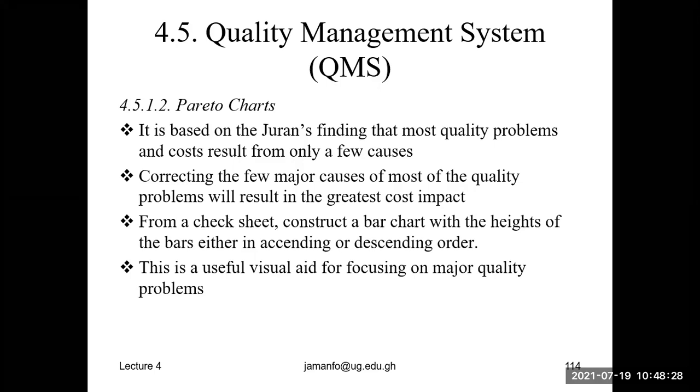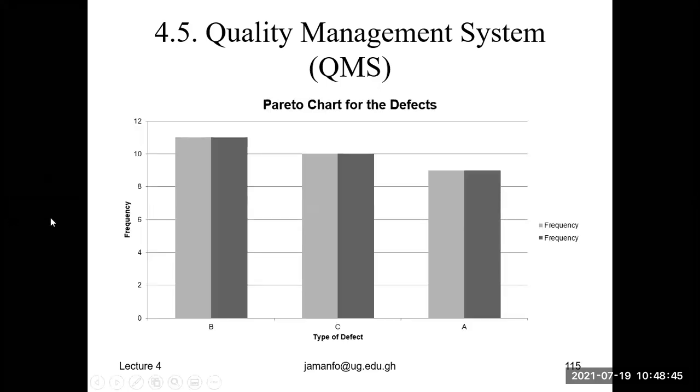And then Juran advocated that we give a visual impression of these problems. So you put it into a bar chart in ascending or descending order. Straight away, when somebody looks at it, it tells you which problems are quite recurrent. So if you take a look at this, it tells you that defect B is quite popular within our production system, and that we need to take corrective actions to resolve this problem.